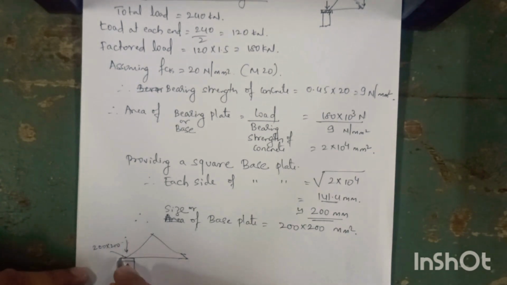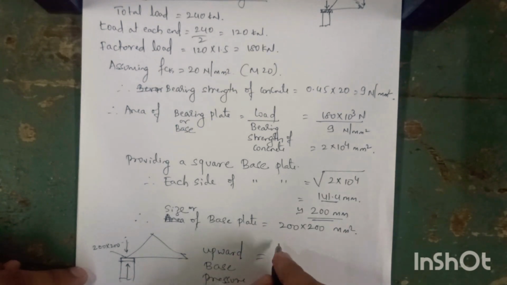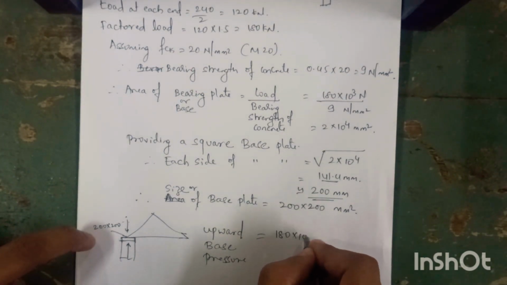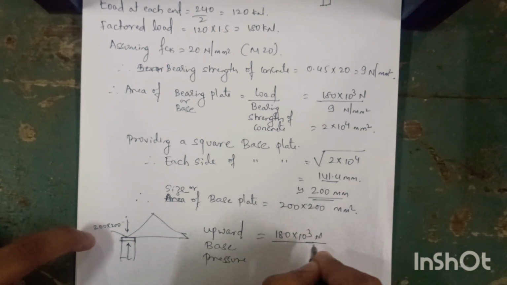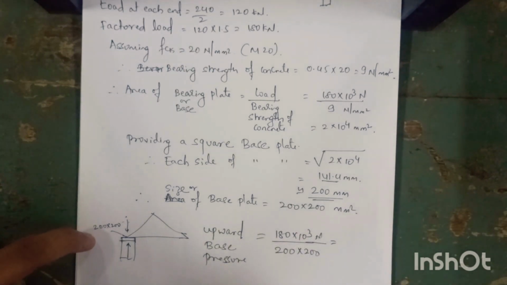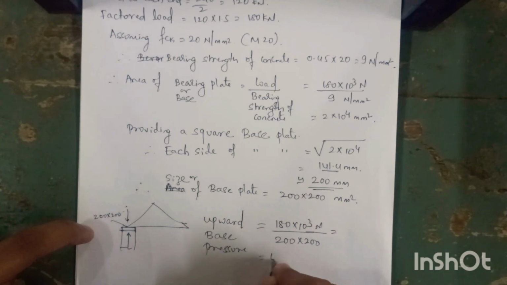Because of this base plate size provided, we have to check what the upward base pressure is. The upward base pressure will be load, that is 180 into 10 to the power 3 Newton, divided by the area we have provided, 200 into 200, which works out as 4.5 Newton per square mm.